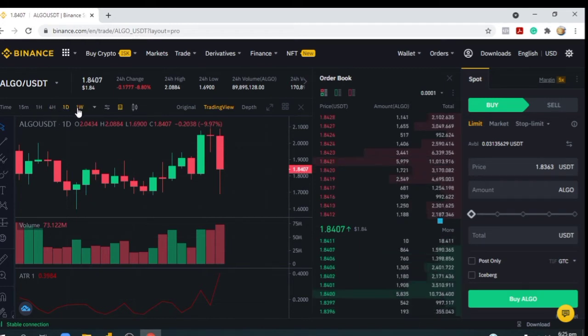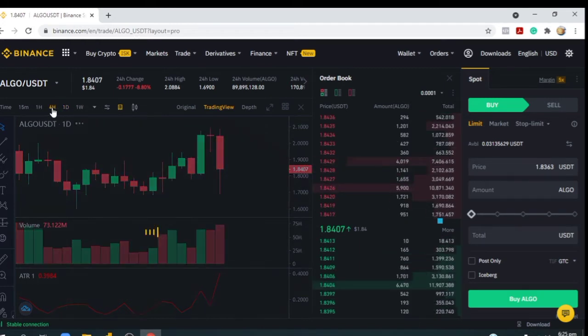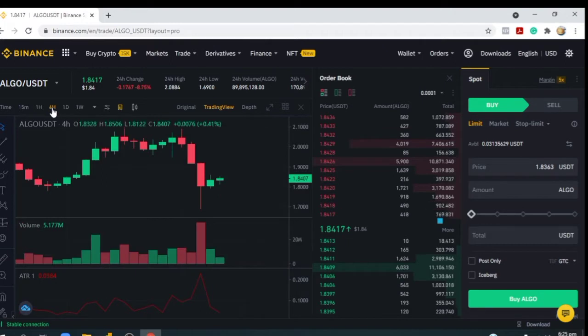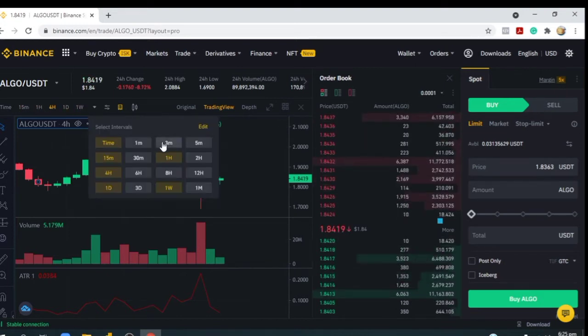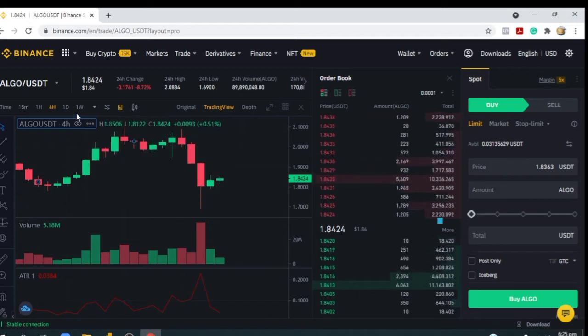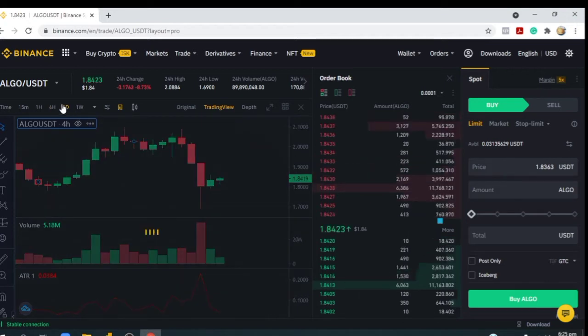I can change from 1 day to 4 hours, and then each candlestick will now represent a 4 hour period. So you can change the time frame depending on what you are trying to study. But for the purpose of this tutorial, let's stick to the 1 day time frame.